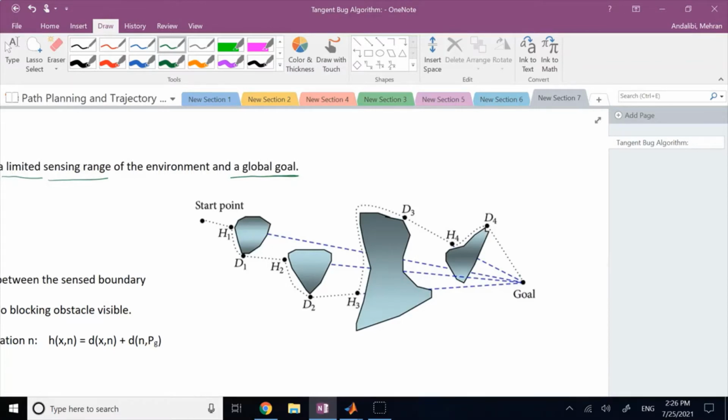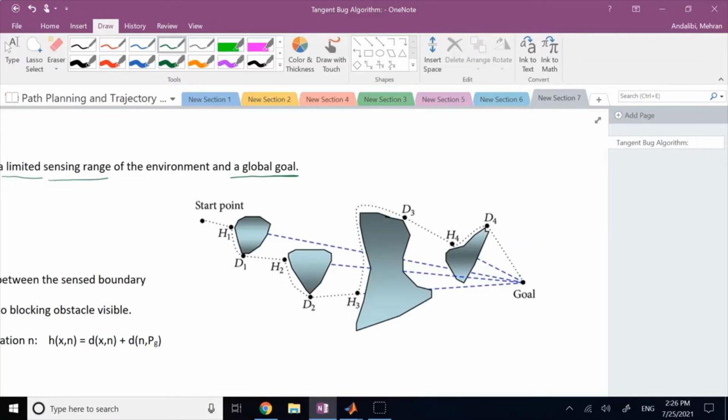For example, when you are trying to go into the street and go from point A to point B, there are people moving, there are cars, there are all sorts of things that were not there, or the GPS might not show them, but they just all of a sudden appear in front of you, jump in front of you. So you need to rely on your sensors, range sensors, to not have any collision.